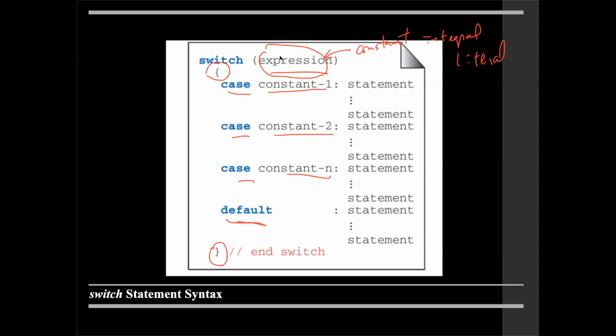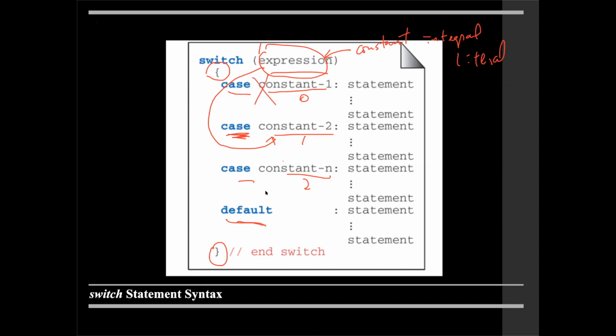Let's say the value of the expression is 1, and let's say this is 0, and this is 1, and this is 2. Then upon matching 1 to 1, this switch is going to hit this case, bypassing the 0 in general.